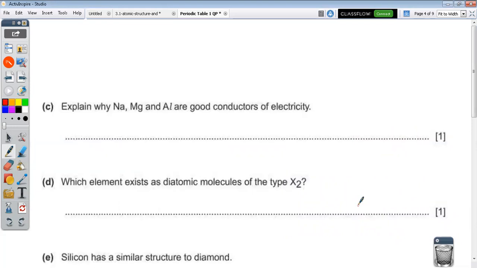Why are sodium, magnesium, and aluminum good conductors of electricity? Because of what? Remember I talked about the lattice structure there. Can someone try to explain?